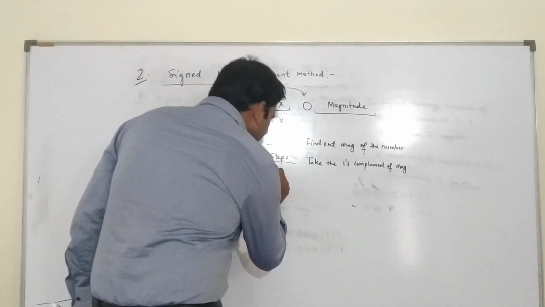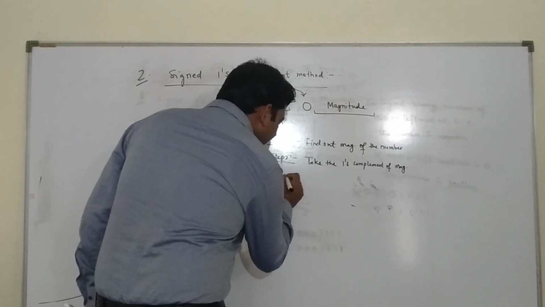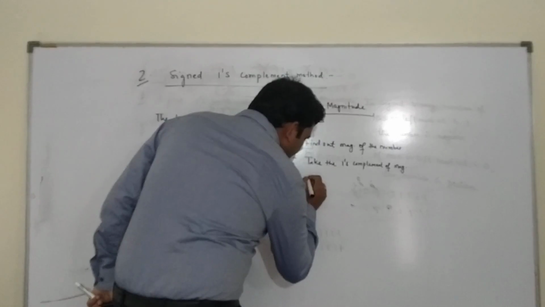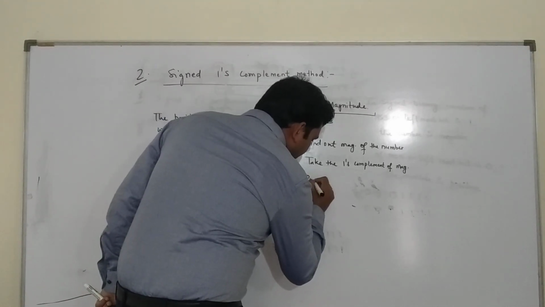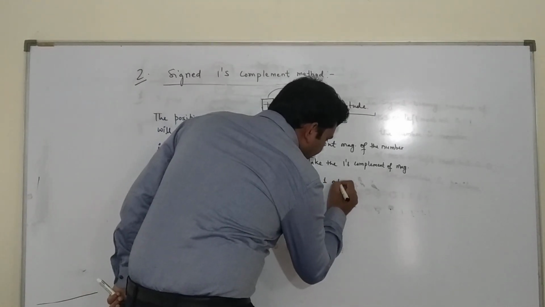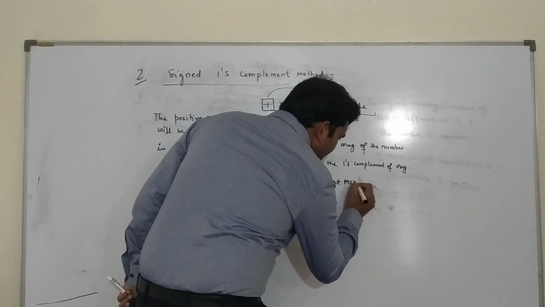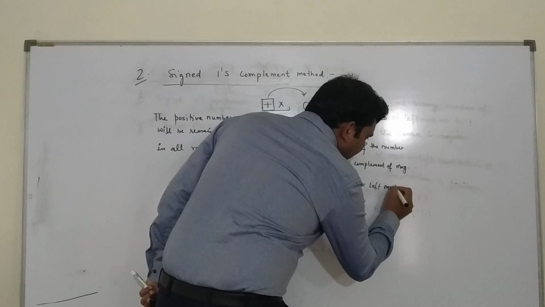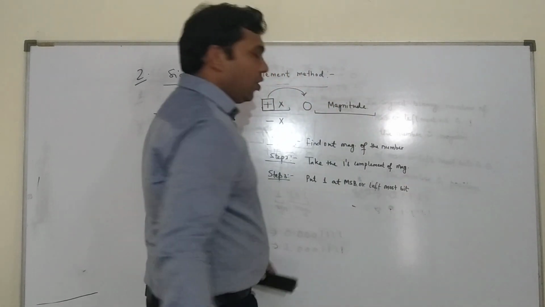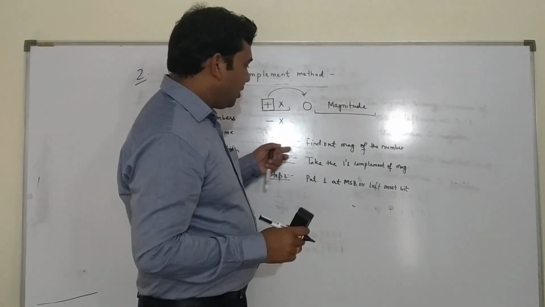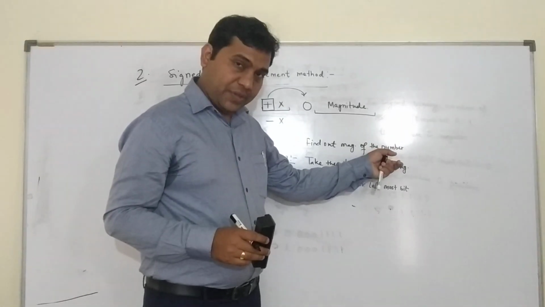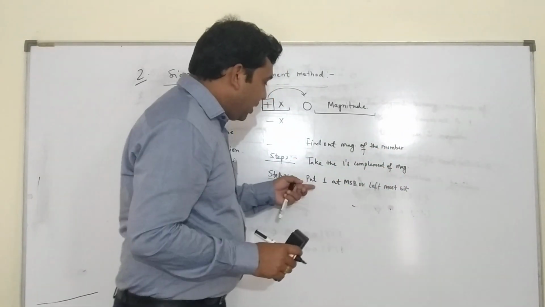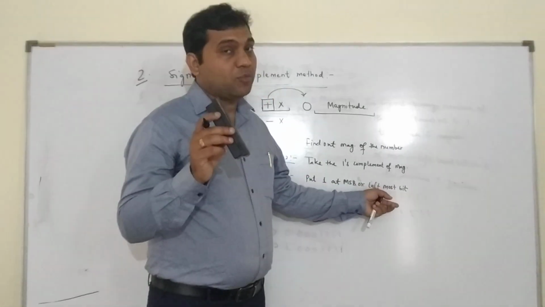And then step 3, as it is a negative number, put 1 at the MSB or leftmost bit. What are the steps? Step 1, find out the magnitude of the given number. Take the ones complement of the magnitude, put 1 at MSB or leftmost bit.